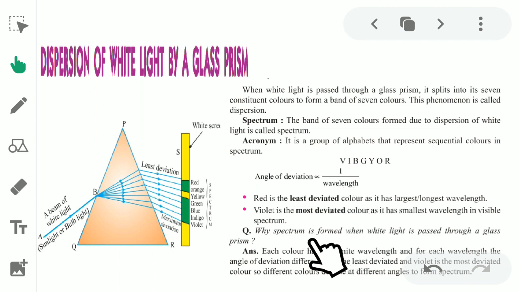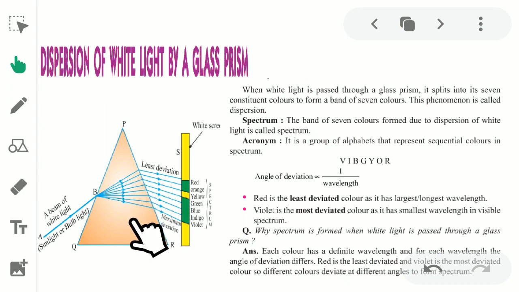Then why is a spectrum formed when white light is passed through a glass prism? Here I already told the answer for that: because the angle of deviation produced by different colors is different. Otherwise you can say that the speed of light of different colors is different, because the refractive index of the prism for different colors is different.